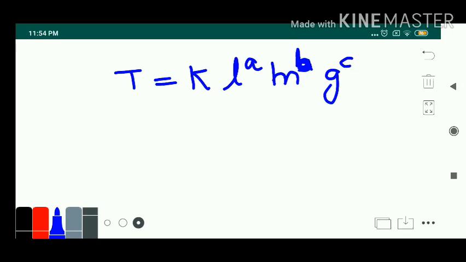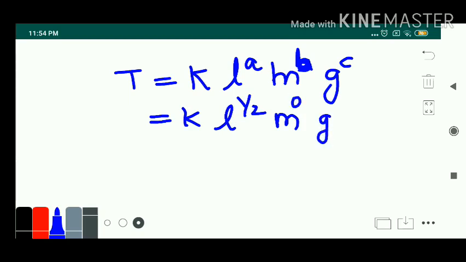Now just move on, guys. So here K value I know. What is A term value? We just found A's value is 1 by 2. What is mass value? B's value, it was 0, right? I will write it like this. And G raised to C. What was C's value? It was minus 1 by 2.